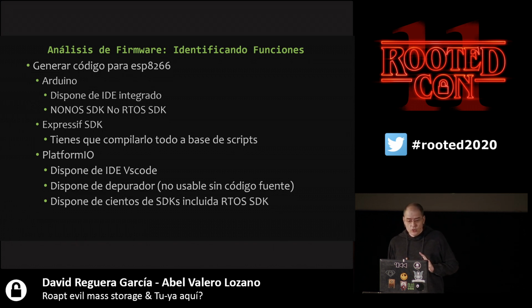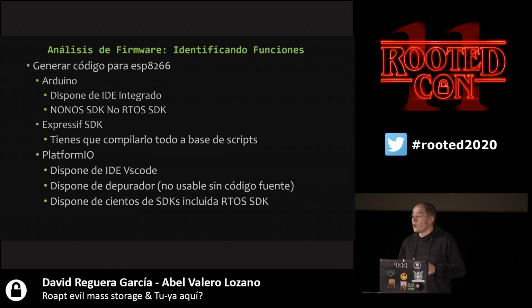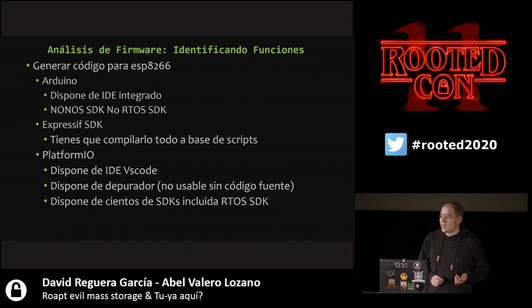Arduino supports it, but Arduino, as far as I know, does not use the SDK version 2. They use the NONOS SDK. One is more for the operating system, the other one for code patching. Espressif has an SDK, but a bit obsolete or old.